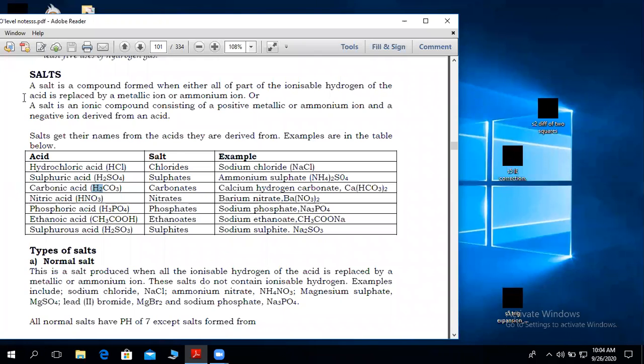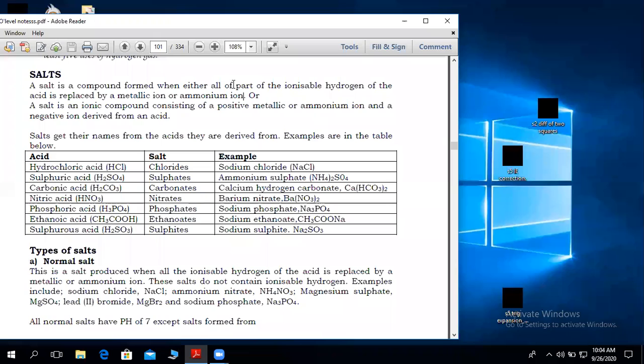So the definition of a salt: it is a compound formed when either all or part of the ionizable hydrogen of the acid is replaced by a metal or ammonium ion. That is the definition of a salt.